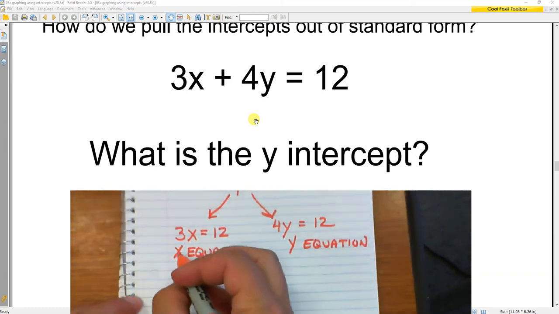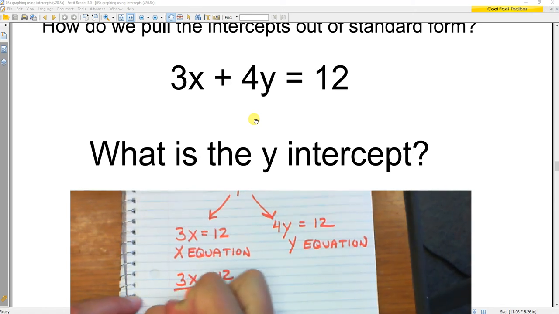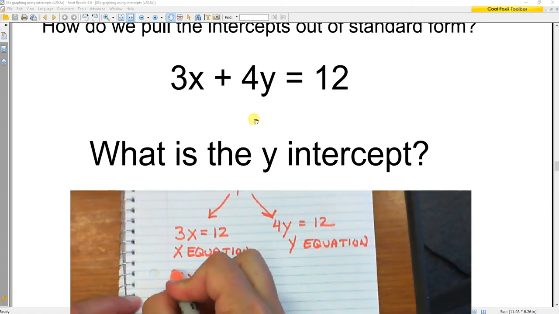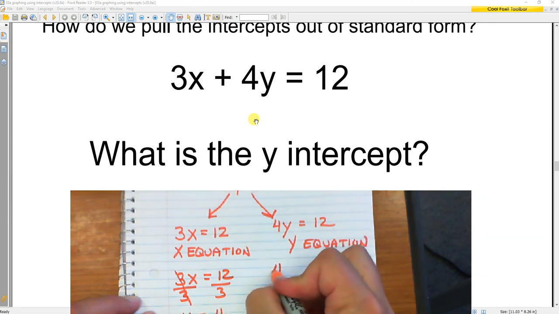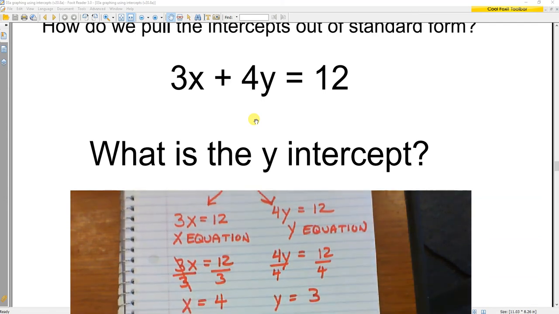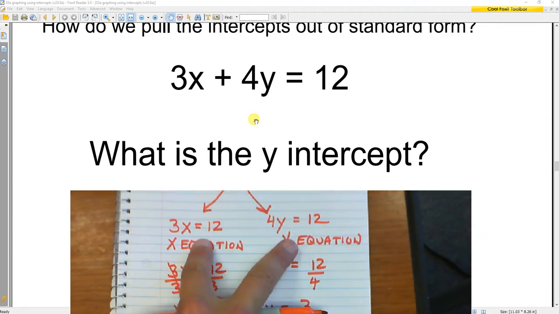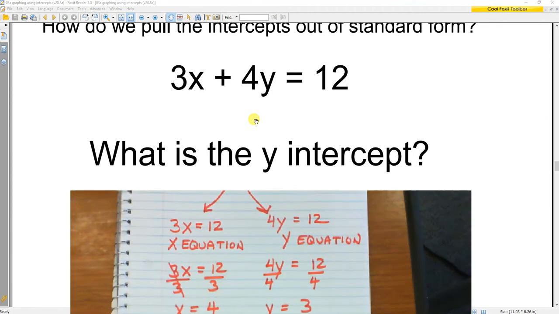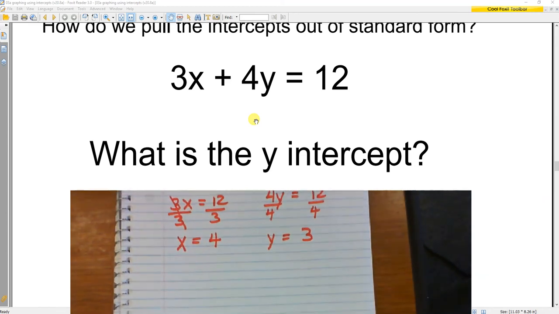And if I solve this, I just found the two intercepts. So I break it into two little equations, and I solve each equation, and I have the intercepts. Now that I have the intercepts, I can graph this thing.